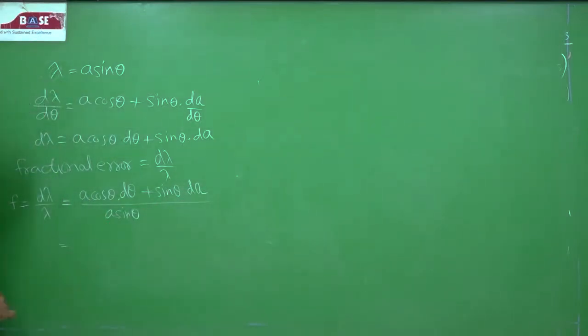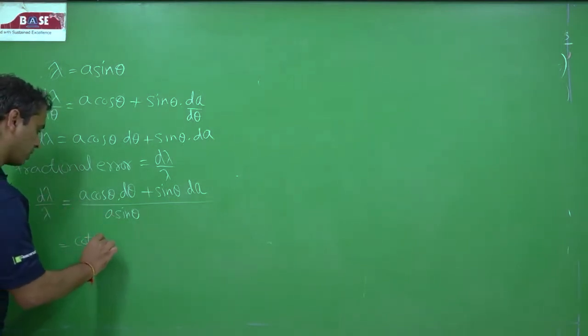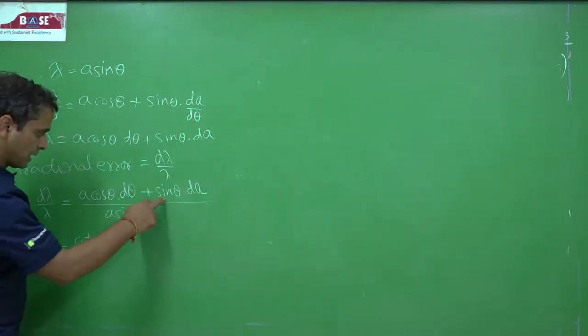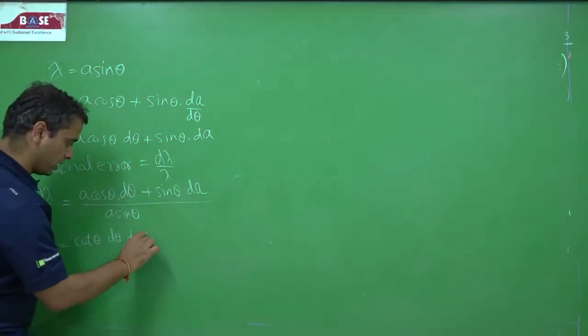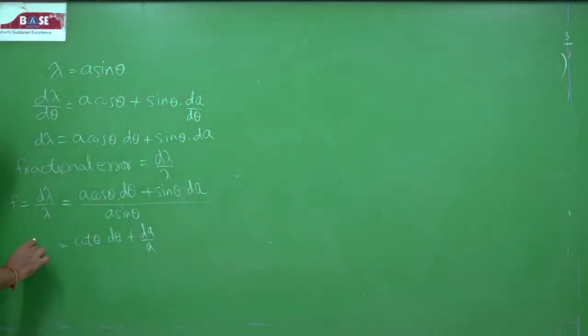So what do we get for fractional error? a gets cancelled, cos by sine is cot theta, this times d theta, plus sine theta by sine theta gets cancelled, dA divided by a. This will be the expression for fractional error d lambda by lambda. The question is now just evaluating it.